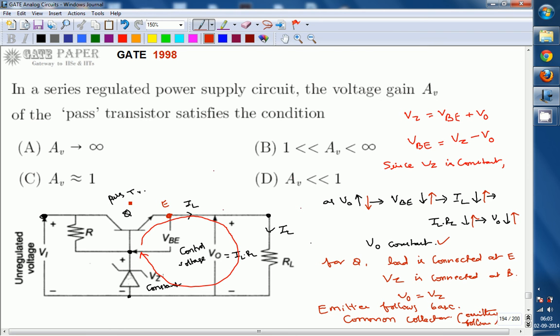So this transistor Q acts as an emitter follower, the other name for which is common collector. The emitter follower voltage gain is approximately 1. Practically it is less than 1, but ideally it is equal to 1. So the series pass transistor should satisfy the voltage gain condition of approximately equal to 1. So the right option for this question is C, AV is approximately equal to 1. Thank you.